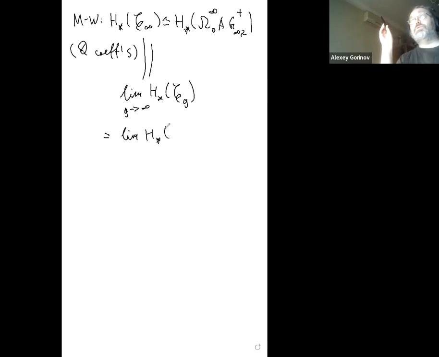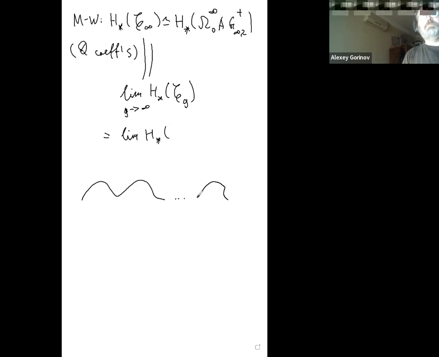So we start by considering surfaces of a fixed genus G with one boundary component.